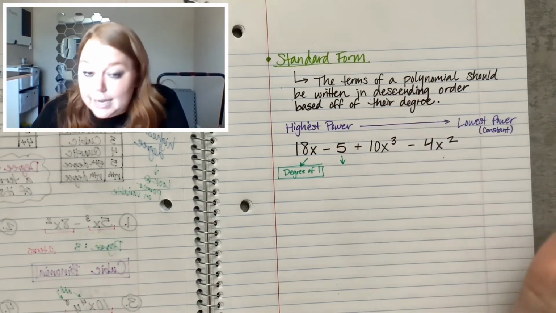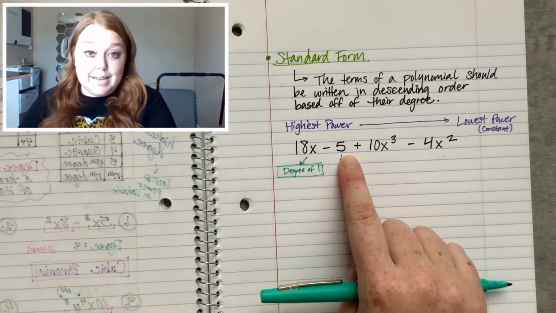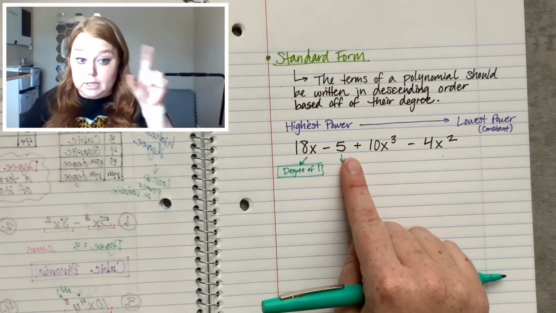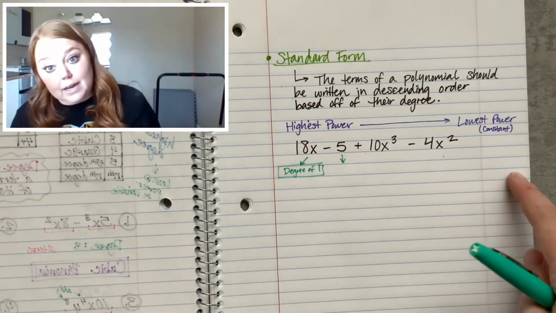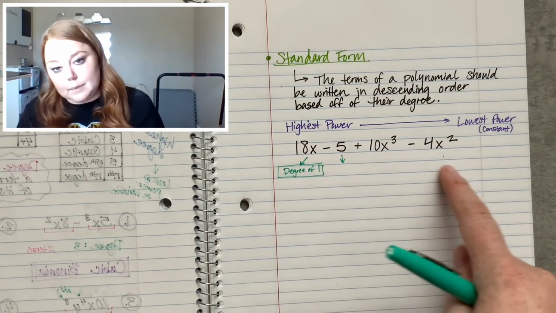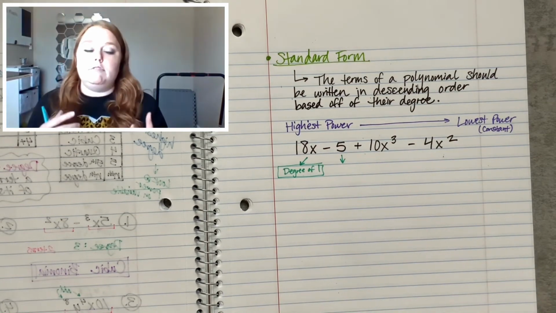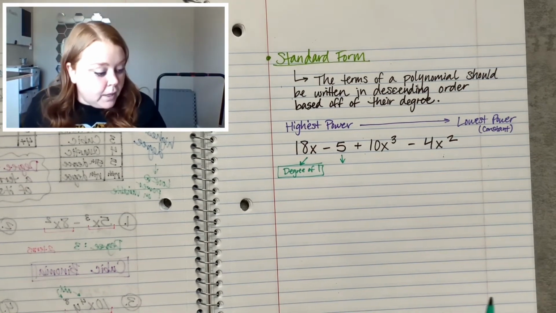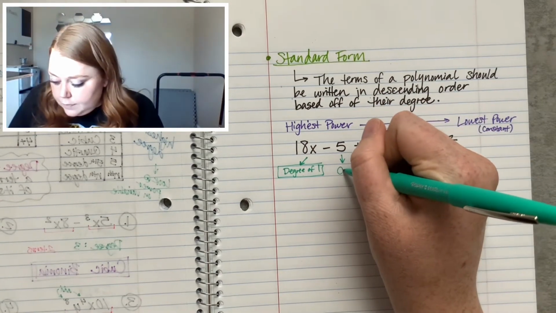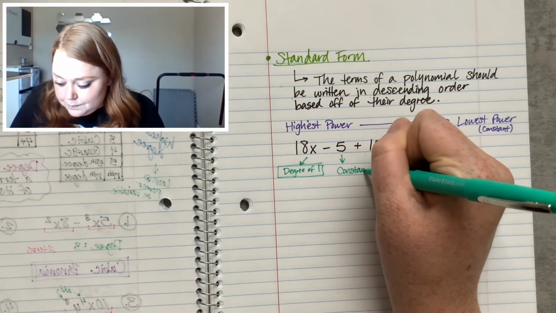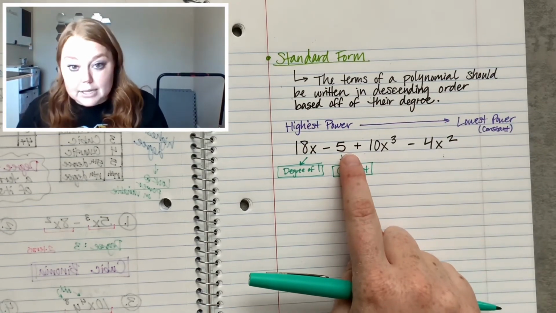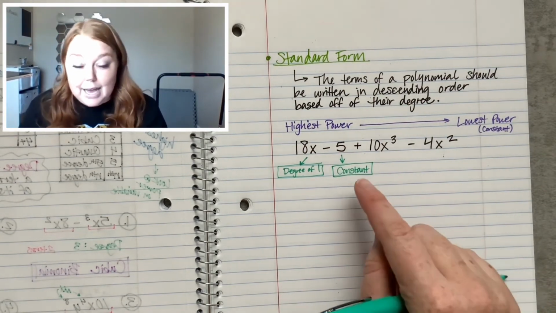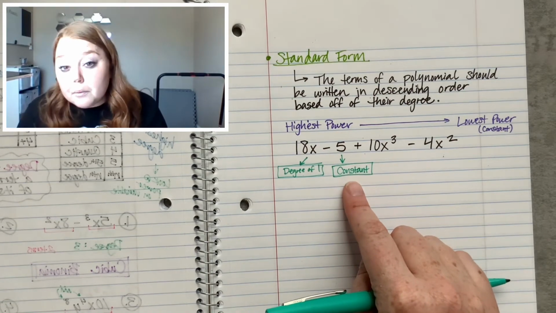Now let's look at the -5. And yes, this is a -5, not a 5. Remember, we keep the sign that's in front of it, okay? So you can say this as -5 when you're reading it, 18x minus 5. But really, that 5 is negative, okay? This -5 here, that's your constant. And that is because there's no variable attached to it. It technically has a degree of 0.